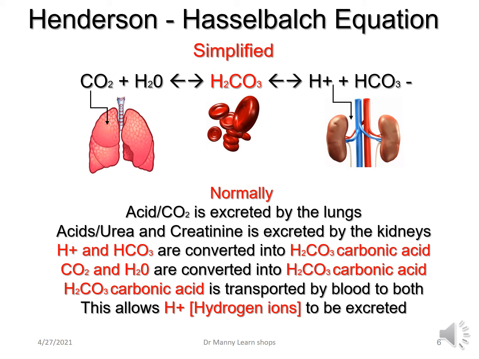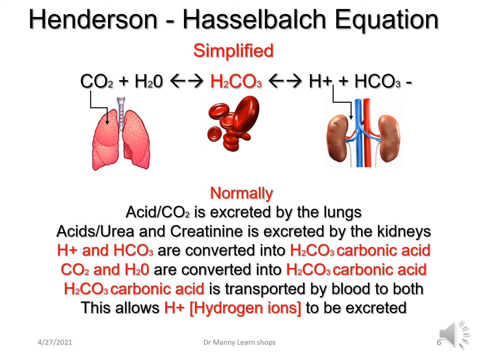So here, for example, if you get CO2 and water combining, it forms carbonic acid in the blood. The blood then can be transported to the kidneys, where it dissociates into hydrogen ions and bicarbonate and can be excreted by the kidneys if the kidneys are working effectively, or vice versa.